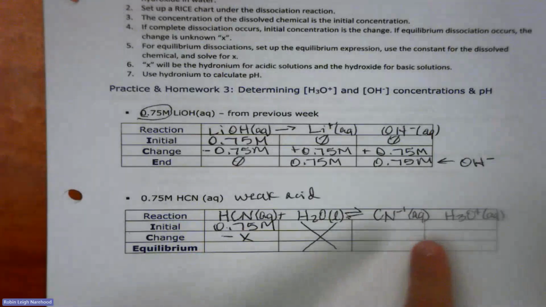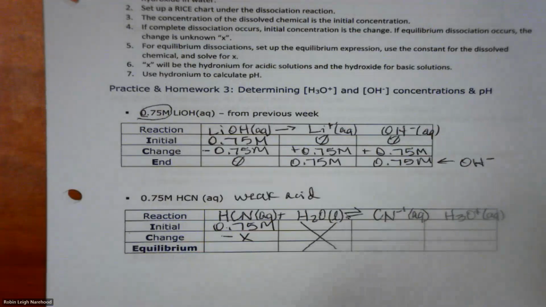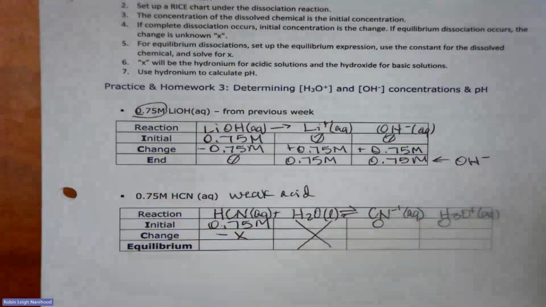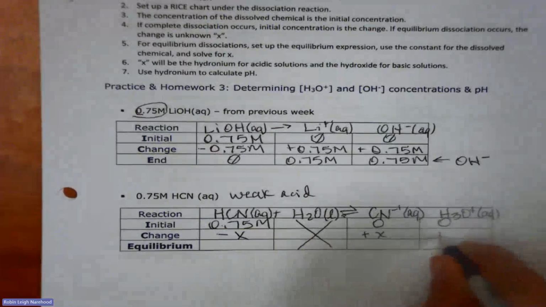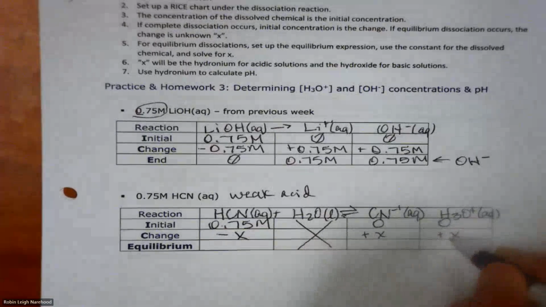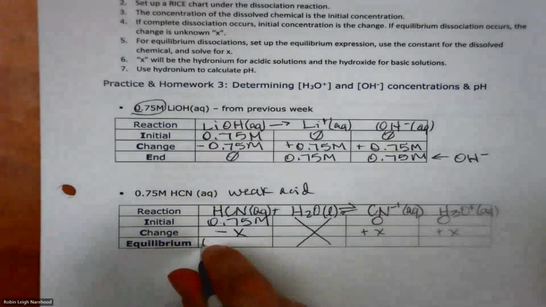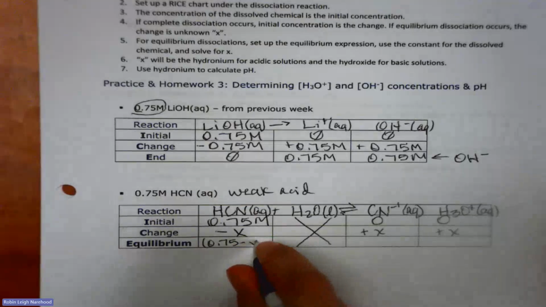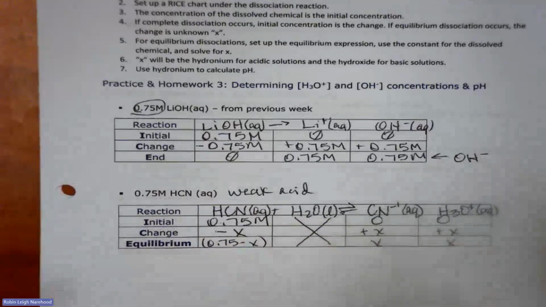How much cyanide and hydronium are there before it dissolves? 0. And so how much change occurs? Plus X and plus X. So at equilibrium, we have 0.75 minus X and X and X.